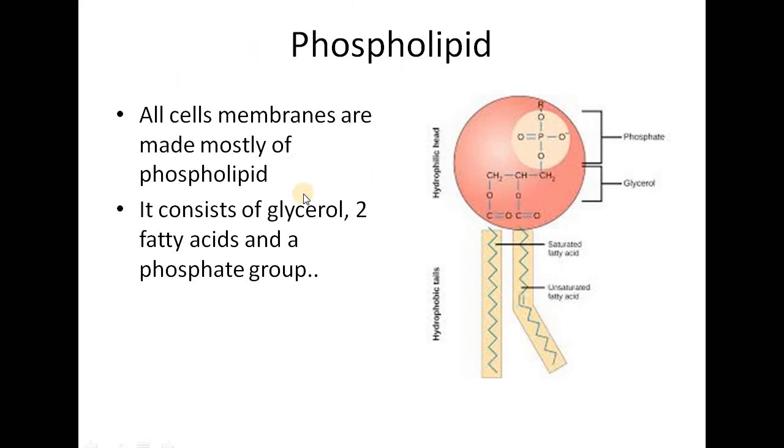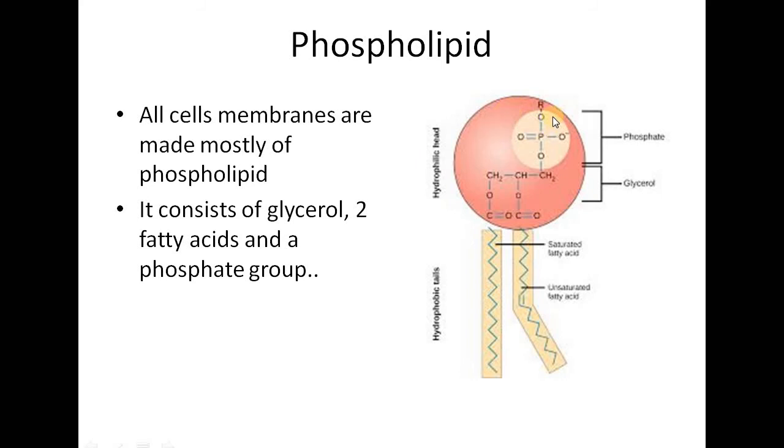This is the phospholipid we are talking about, and all cell membranes are mostly made of this phospholipid. It consists of glycerol, 2 fatty acids, and a phosphate group. We said that fats are composed of glycerol and 3 fatty acids. Here, instead of the third fatty acid, we have a phosphate group.